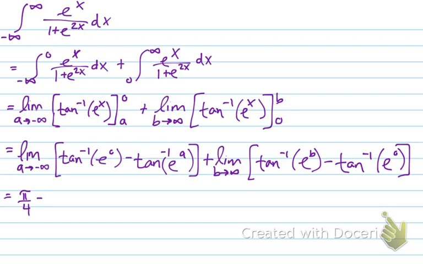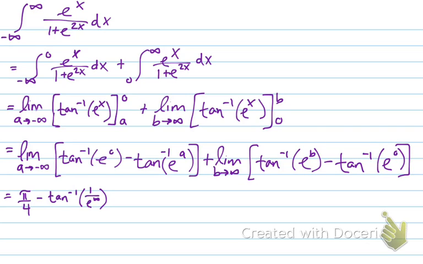Well, if a goes to negative infinity, that's like saying that you have tangent inverse of 1 over e to the positive infinity. I'm sorry, I'm mistaken. It's not becoming a huge number. It's the opposite. The bottom is becoming a huge number.